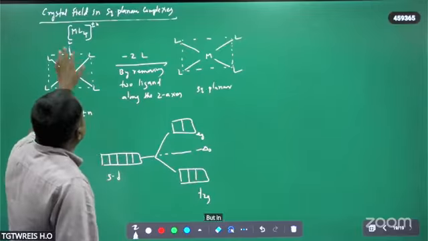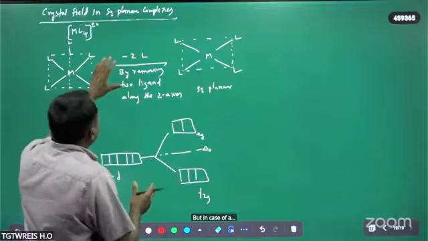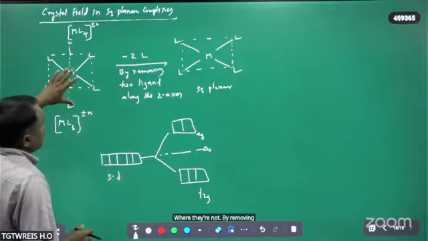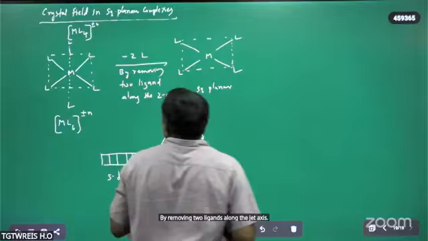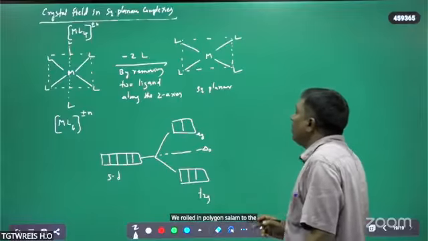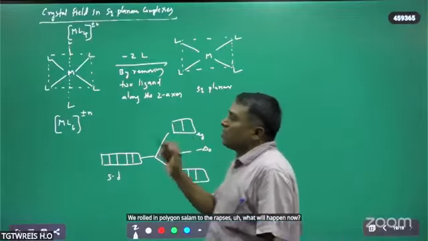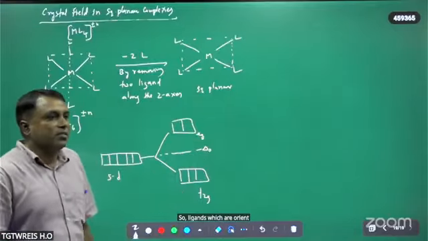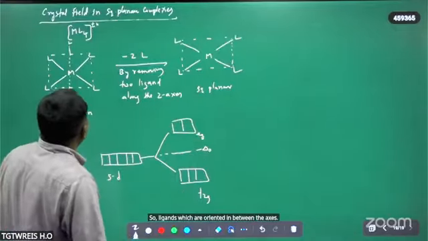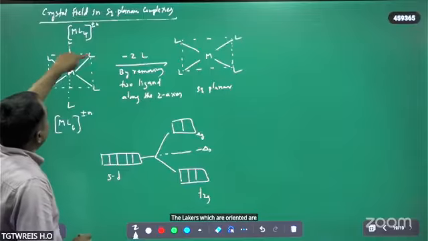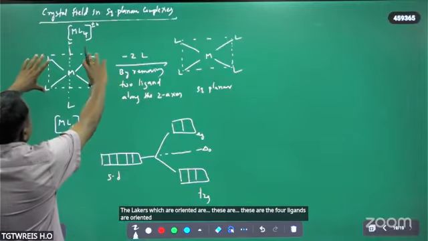But in case of square planar, by removing 2 ligands along the z-axis, what will happen now? The 4 ligands are oriented along the xy axis.